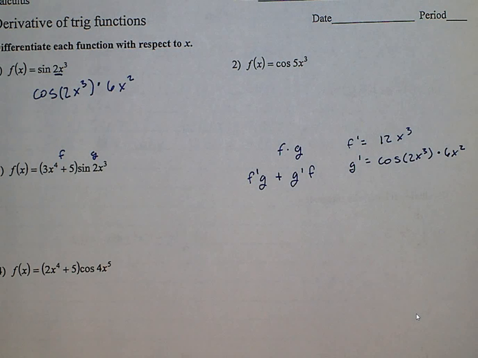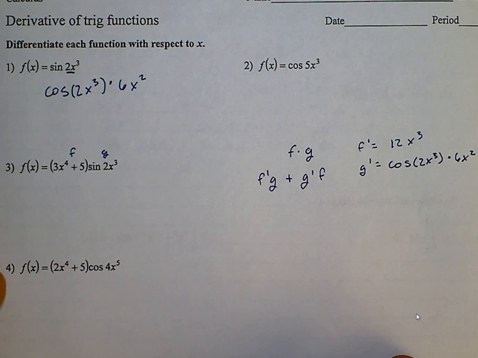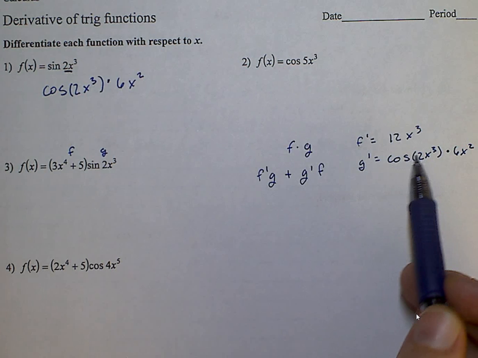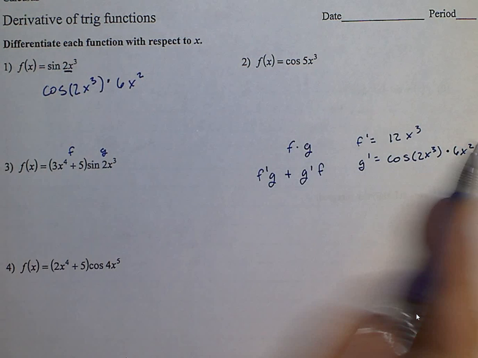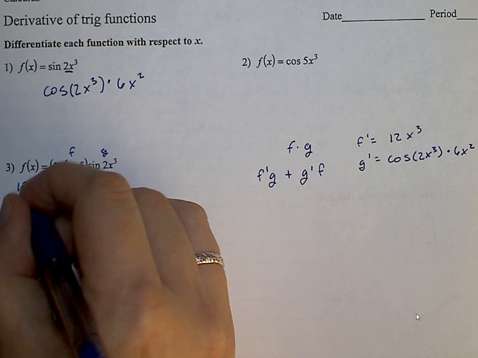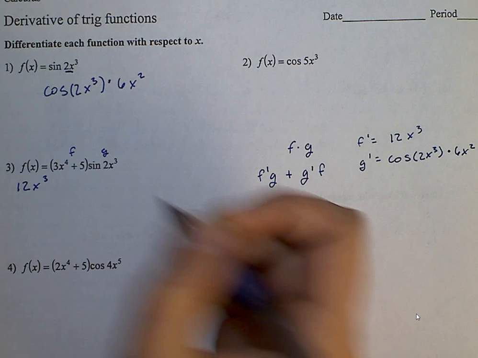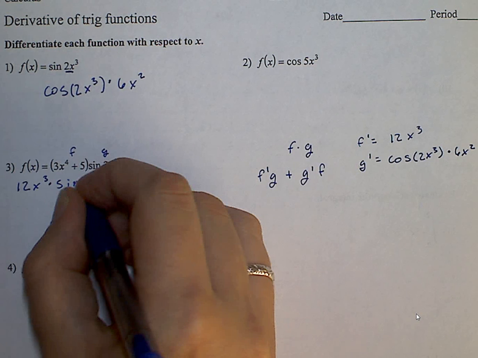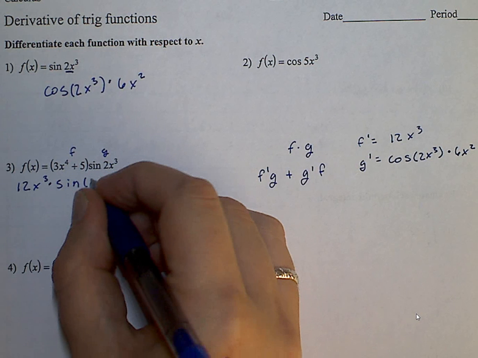Okay, so now I'm going to do f prime times g, and I know what f prime is because I just wrote that down because I'm smart like that. So f prime, which is 12x cubed, times g, which is right here, sine, and in parentheses 2x cubed.